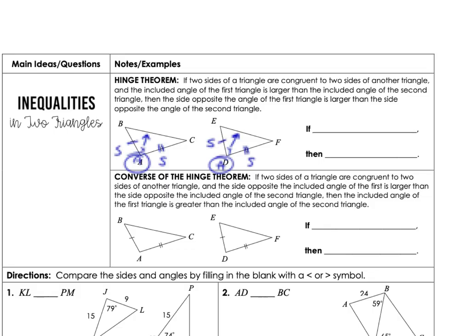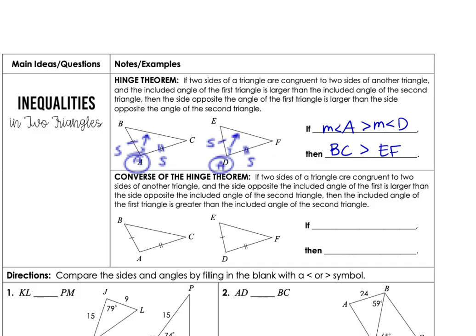So basically we're saying if the measure of angle A is greater than the measure of angle D, then segment BC is going to be greater than segment EF. Okay, the side across from it is how it will relate.